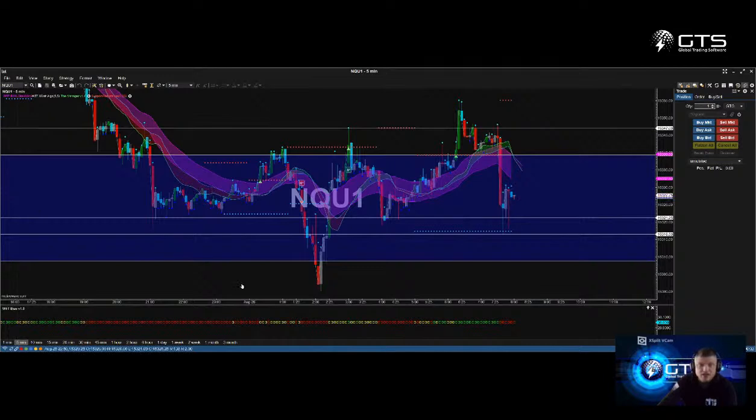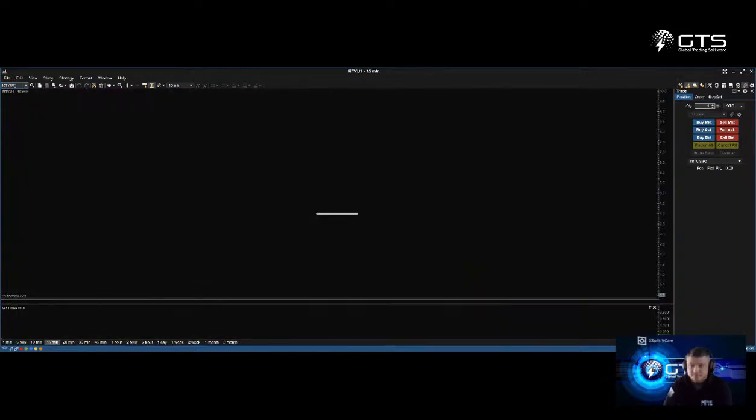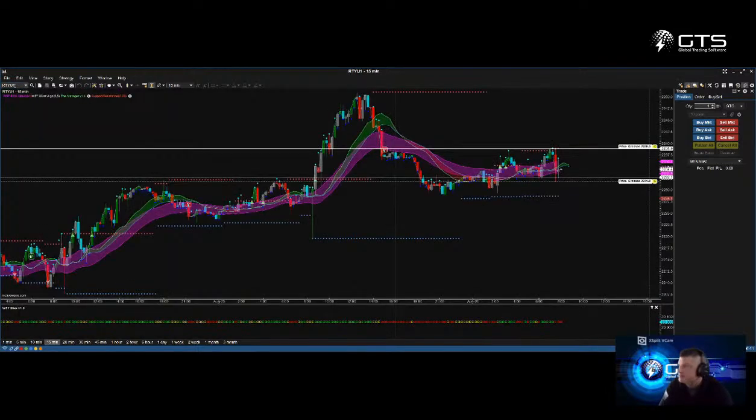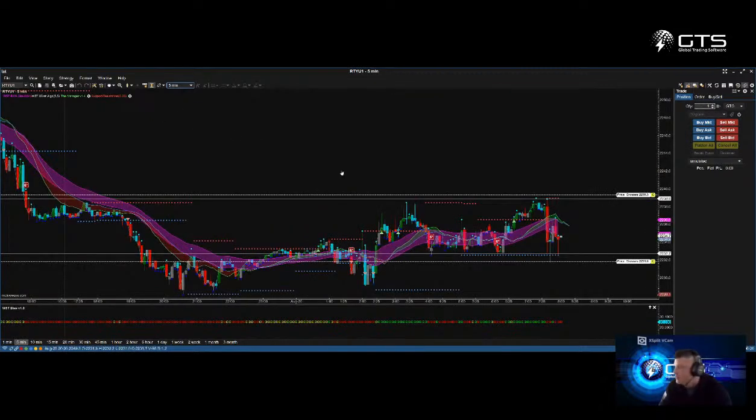RTY, 4-star sell on the 5 minute. Let's ease over there. Slide on down to our lower time frame here, 5 minute.